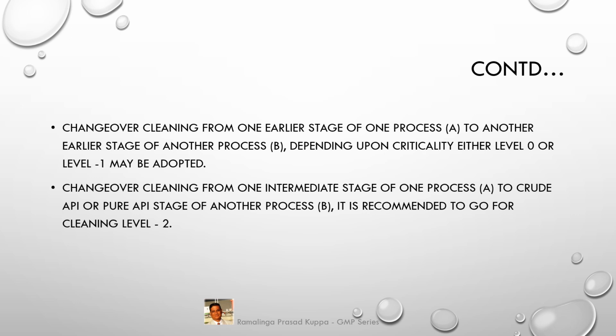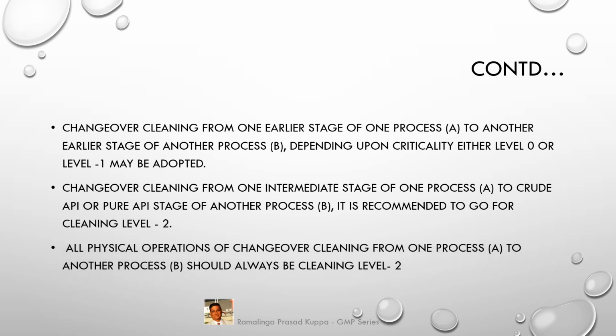There are two processes involved and the changeover to an earlier stage of one process to crude API stage of another process. All physical operations of changeover cleaning from one process A to another process B should always be cleaning level 2. This is an obvious choice.